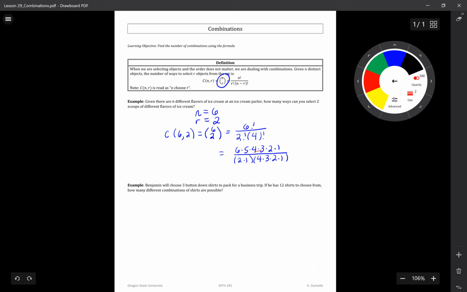I'm going to cancel out the 4, 3, 2, and 1. This gives me 30 over 2, which is equal to 15. So there are 15 different combinations of 2 flavors I can pick from 6 flavors here.